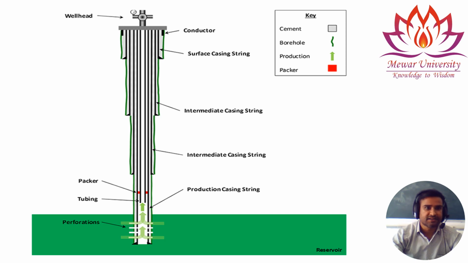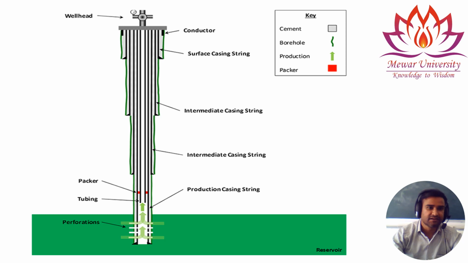After the conductor casing, drilling up to some other depth, we use the surface casing. Then with further drilling, we use the intermediate casing, and after drilling deeper, we again use an intermediate casing.